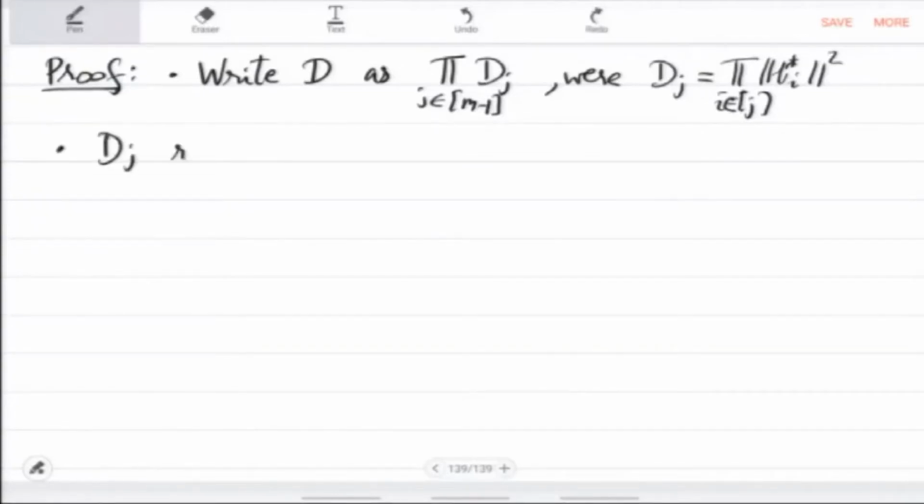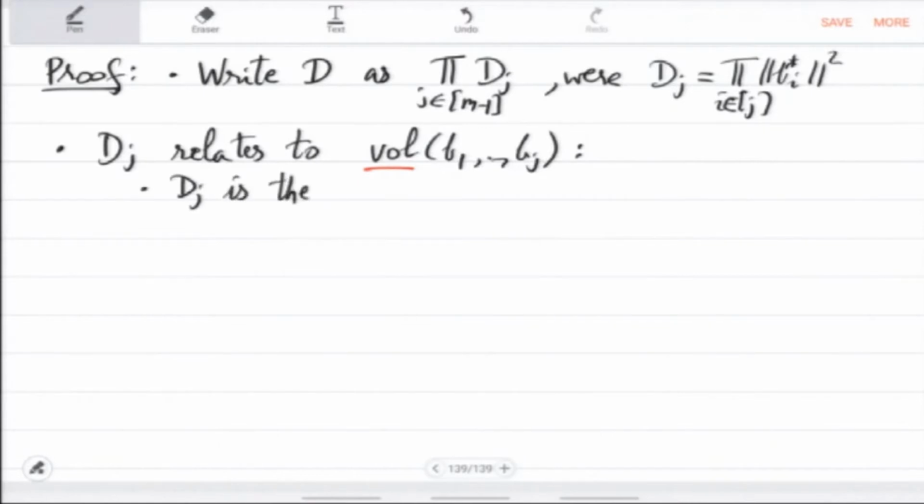So Dj relates to the volume of b1 to bj, because Dj is the determinant of b1 star to bj star.